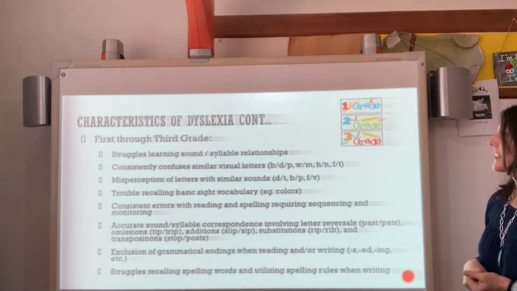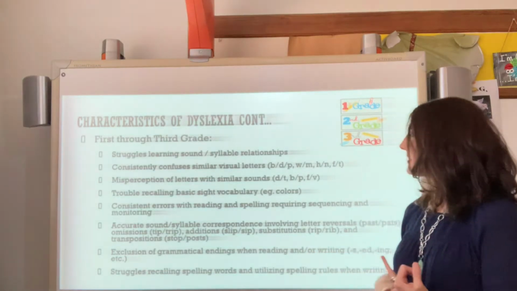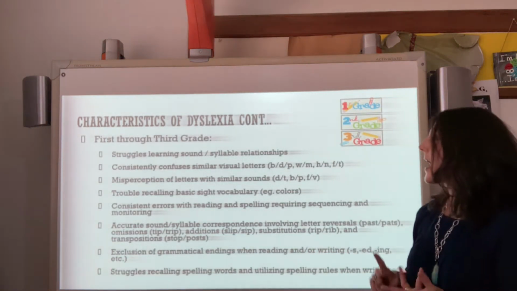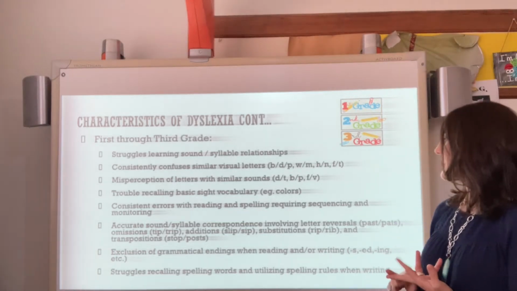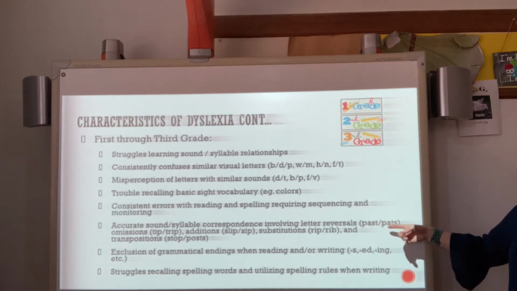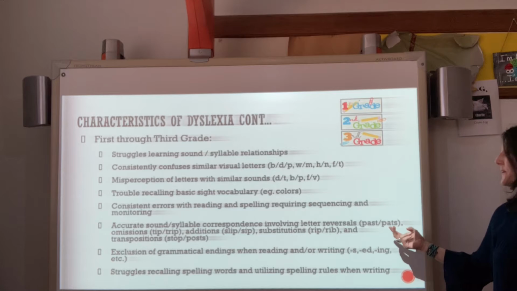Trouble recalling basic sight word vocabulary, for example, colors. Consistent errors with reading and spelling requiring sequencing and monitoring. Accurate sound-syllable correspondence involving letter reversals. For instance, they have past and pats, so they reversed the ST to a TS.